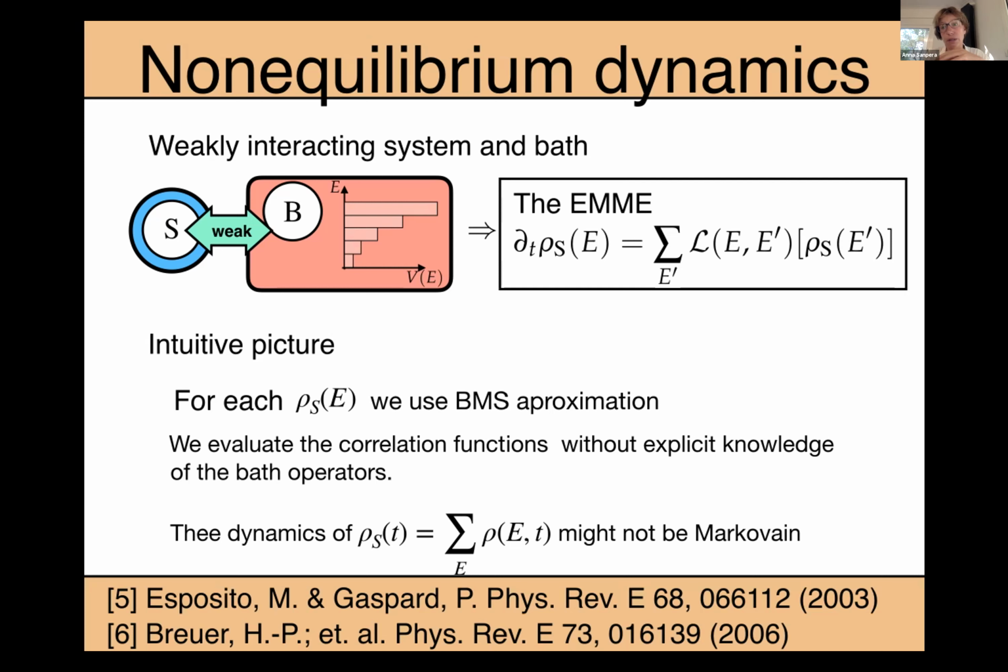And then the dynamics of the total system at time t is just the sum of the dynamics of each of these conditional systems at energy E. And as I said before, although each of these rho_S is Markovian, the sum doesn't have to be Markovian.